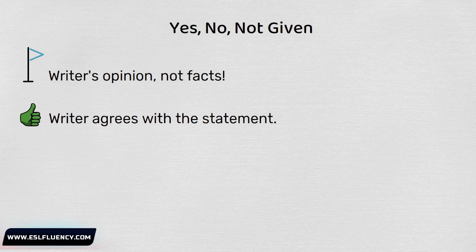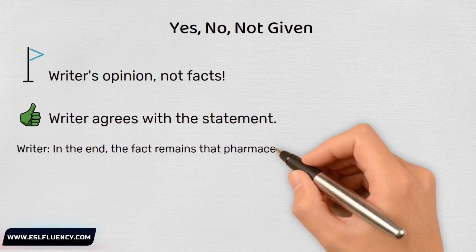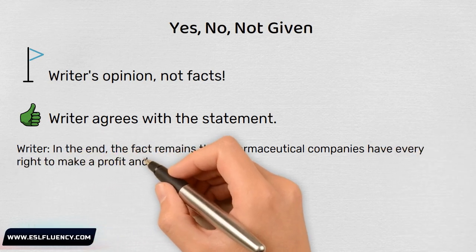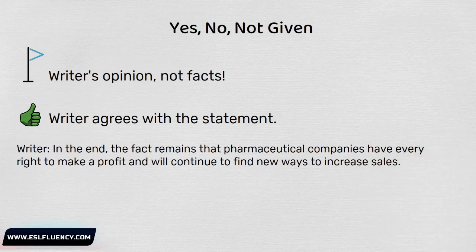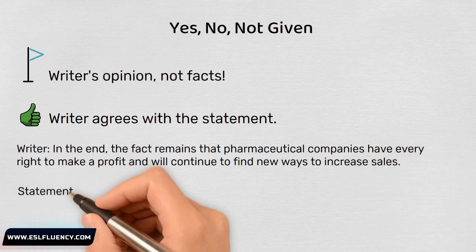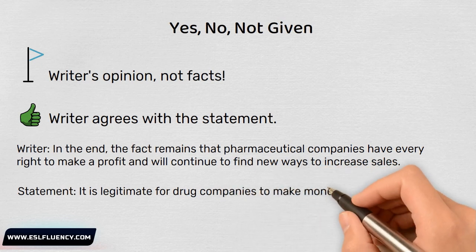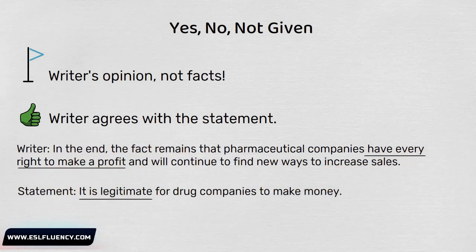For example, when the passage says, in the end, the fact remains that pharmaceutical companies have every right to make a profit and will continue to find new ways to increase sales. And the statement says, it is legitimate for drug companies to make money. You can say that the word legitimate and the phrase have the right to are the same thing. Those companies can make money. So yes, this statement agrees with the writer.